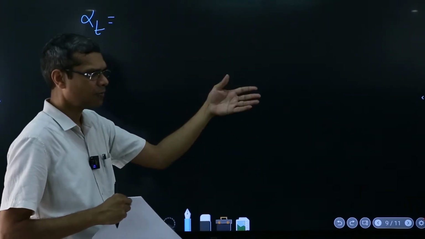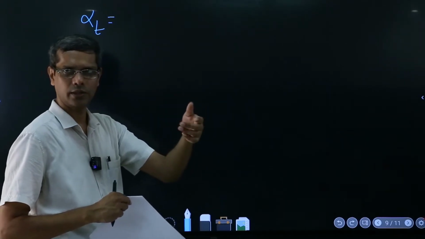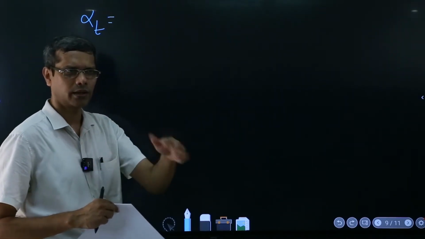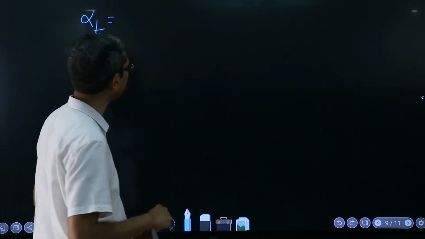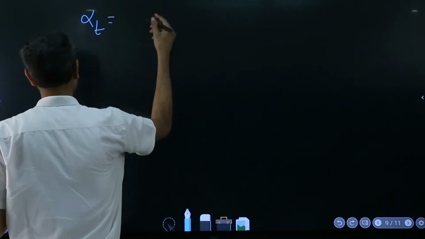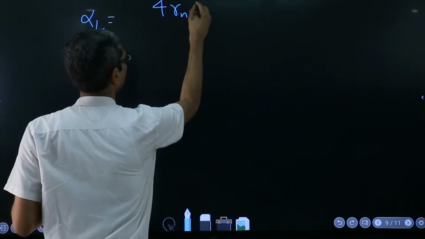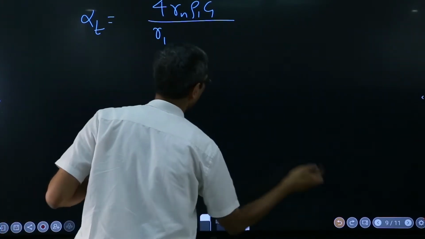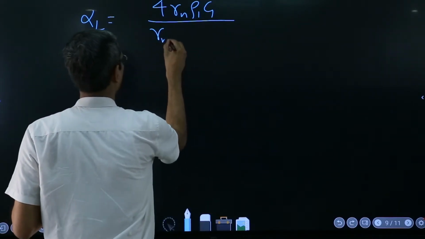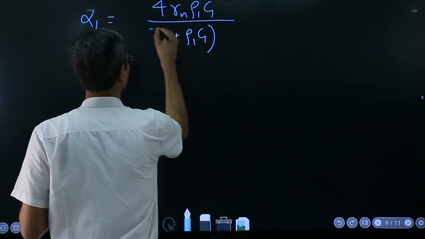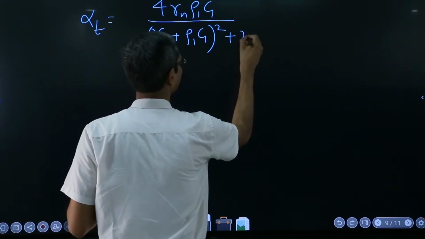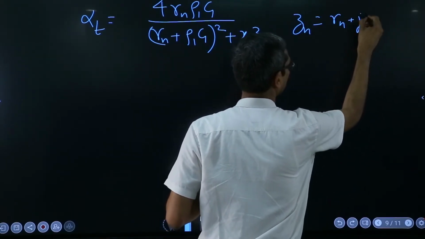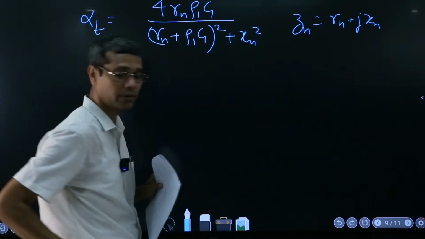We came to that from a two-layer transfer of wave transmission, and then we replaced that, saying that if it is a solid, then we can replace this with an equivalent impedance, and the alpha t was 4 Rn rho 1 C1 over (Rn plus rho 1 C1) square plus Xn squared, where Zn was Rn plus j Xn, right.